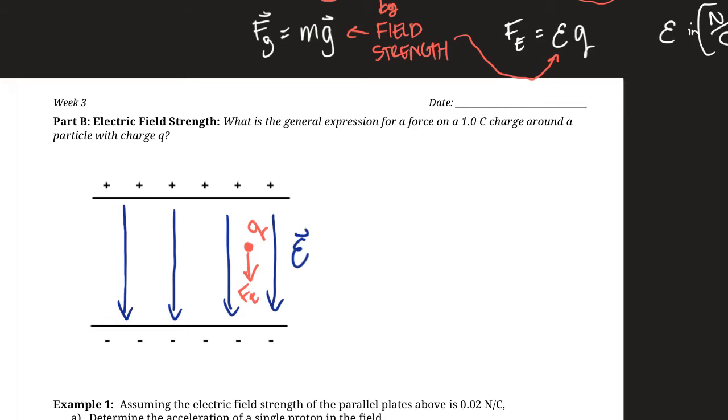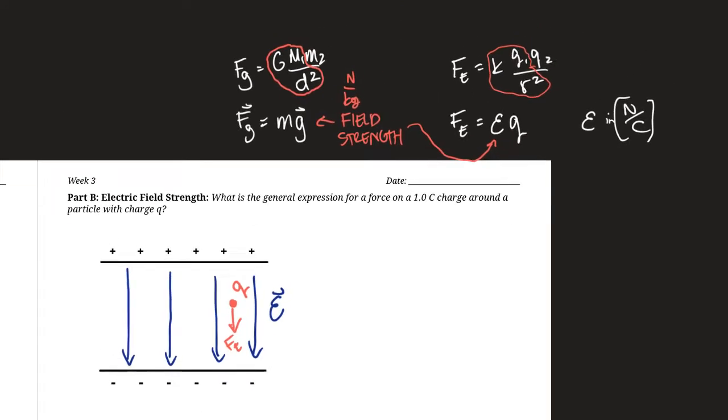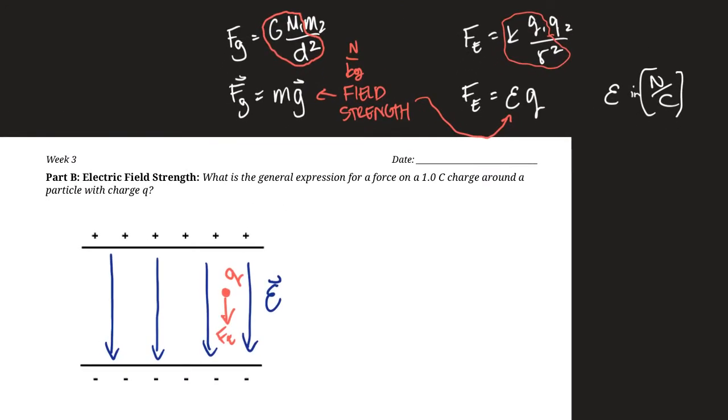Okay? So it's very similar to how we would find the force of gravity on a mass in a gravitational field. It's basically the same thing. So if we look back at the equation up here, we can see what we made epsilon. Epsilon is kQ over r squared, where Q is the charge that's creating the field.